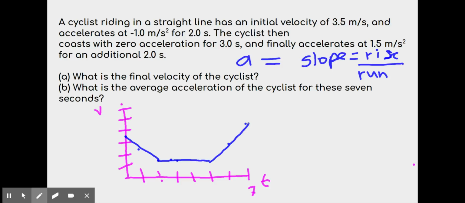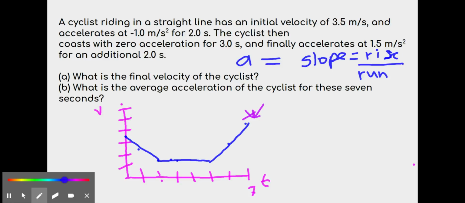So our goal is to find the final velocity of the cyclist. To do that, we can't just take the final point. We need to do some math, and we can simply add together the velocities from each section on this graph.